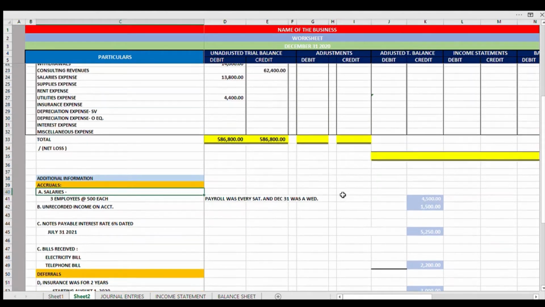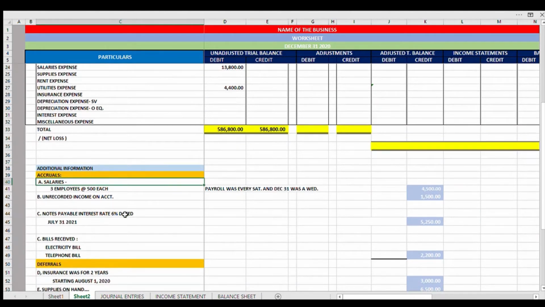Sabi dito, ang salaries daw ay still unrecorded, so it is now subject for accrual, unrecorded salaries. As mentioned here, meron 3 employees at tumatanggap ng 500 each.